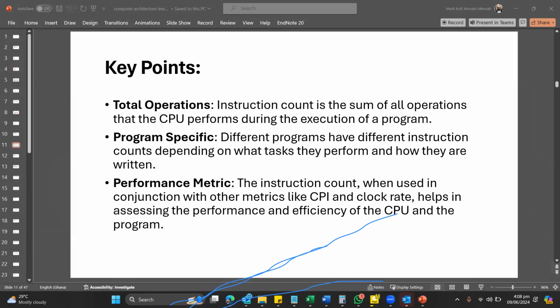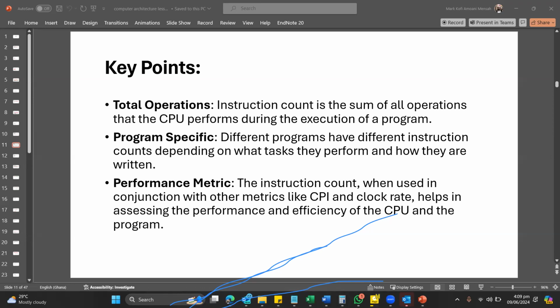So it is something we must keep in mind. If I tell the computer, I'm going to test you based on the number of instructions you can perform, and I tell you to add 2 numbers, and the way I wrote the algorithm is different for the 2, one has, let's say, 13 lines, another has 5 lines. Obviously, the 5 lines will run faster than the 13 lines.